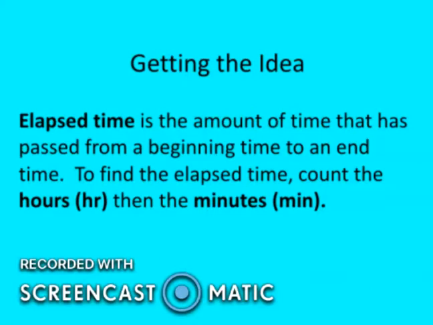Now remember, our place value system allows us to add and subtract fluently. But because time is completed differently, because it's based on 60 minutes, it's not going to allow us to use those standard methods for addition and subtraction.